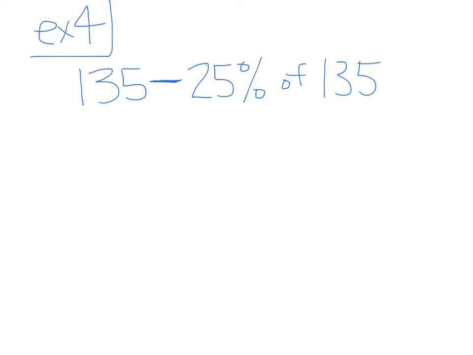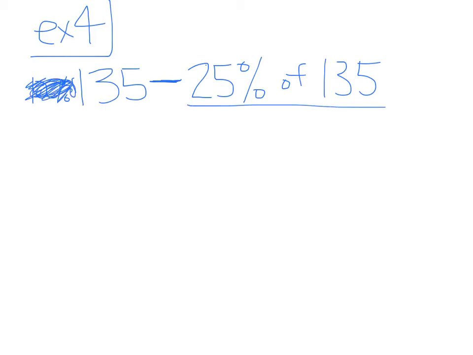Now, if you look at this a couple ways, what this ends up turning into is you have 100% of 135 minus 25% of 135 gives you 75% of 135. But we can do this the way that might make sense to most of you.